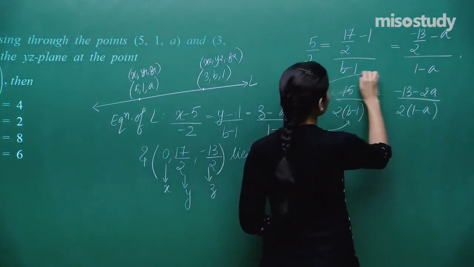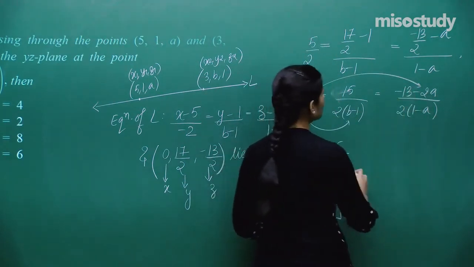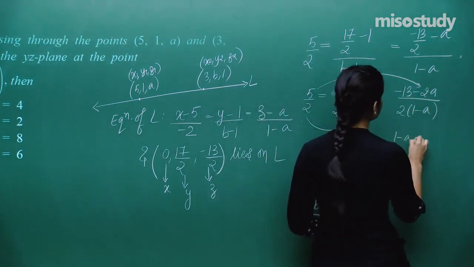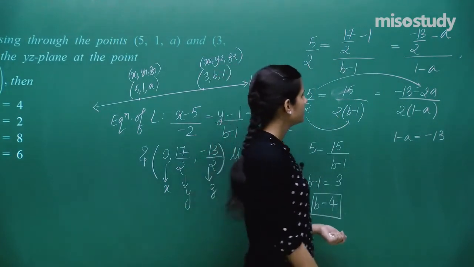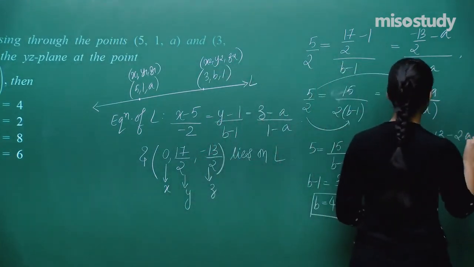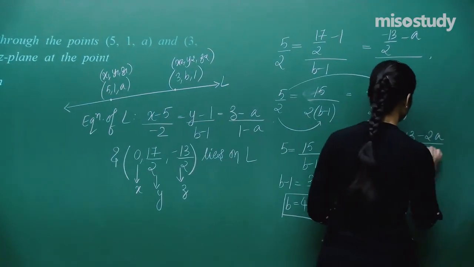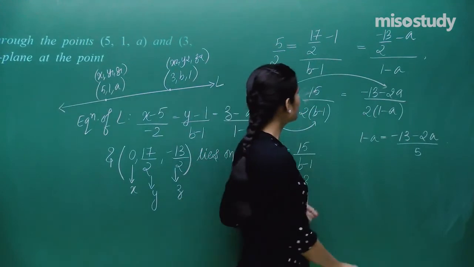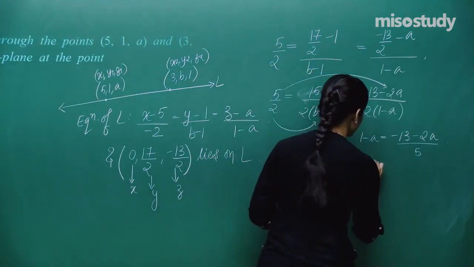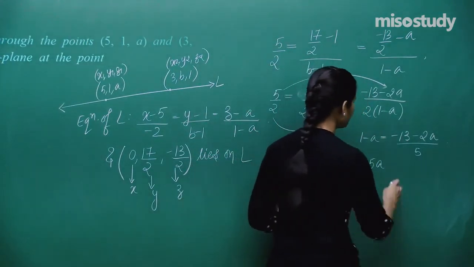And when you compare these two, again 2 gets cancelled. You have 1 minus a is equal to (minus 13 minus 2a) whole upon 5, right? Or I can say 5 into (1 minus a), which is 5 minus 5a, is equal to minus 13 minus 2a.